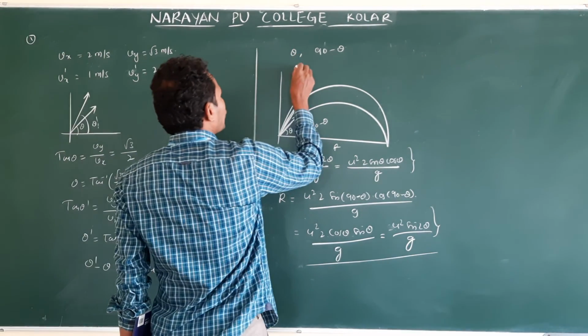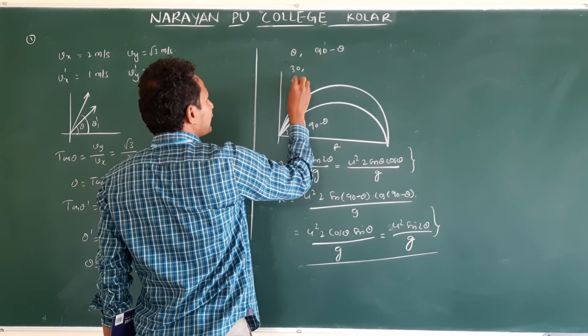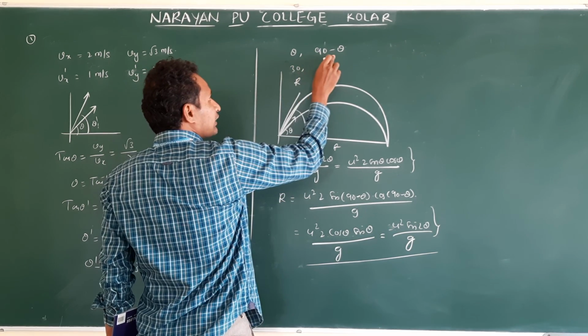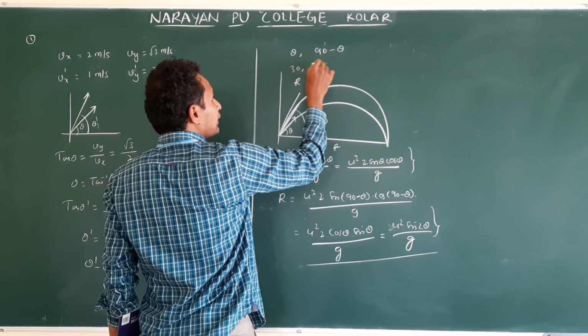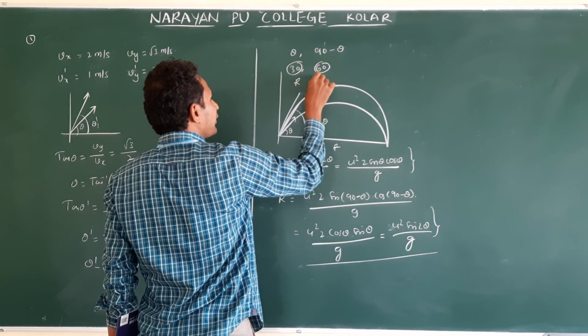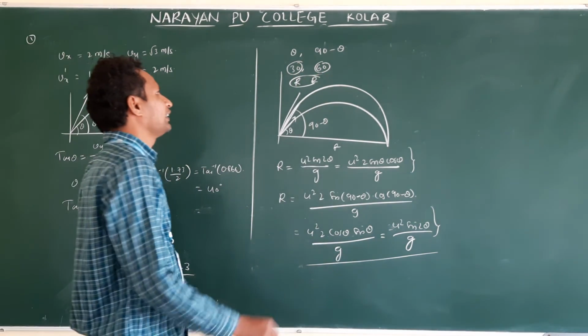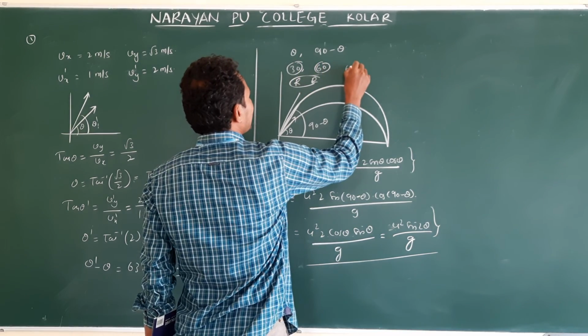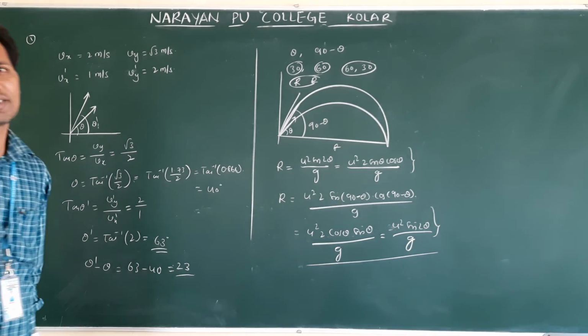So if theta is, let us say, 30 degrees, for 30 degrees the range is R. Next, 90 minus 30, what would that be? 60. And for 30 and 60, the range remains the same. For example, if theta is 60, then the other angle is 30. For these two also the range remains the same.